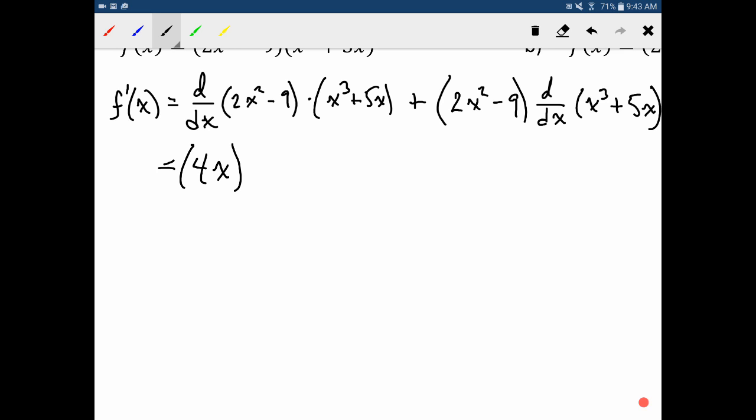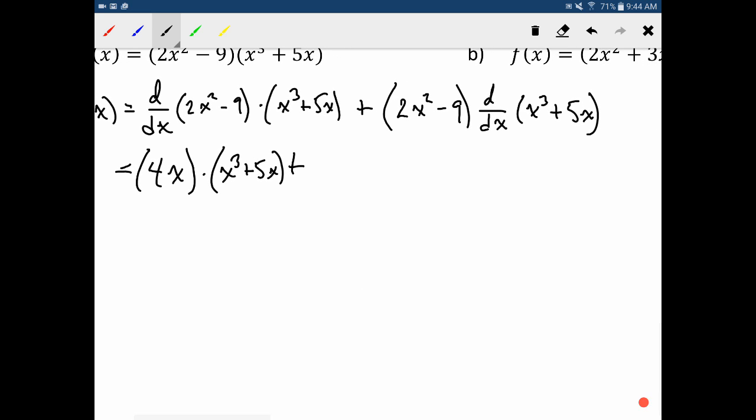Then we've got times x cubed plus 5x, plus 2x squared minus 9 times the derivative of that, which is 3x squared plus 5.